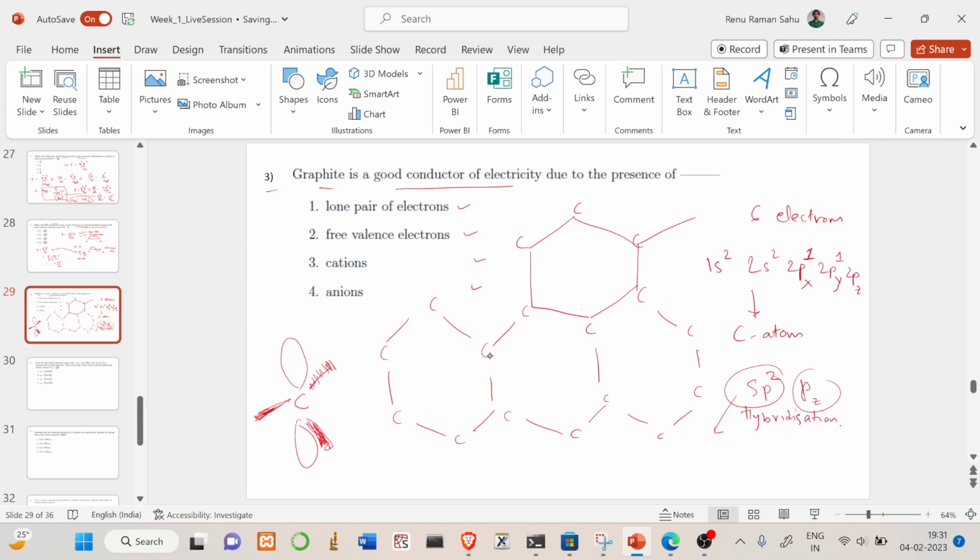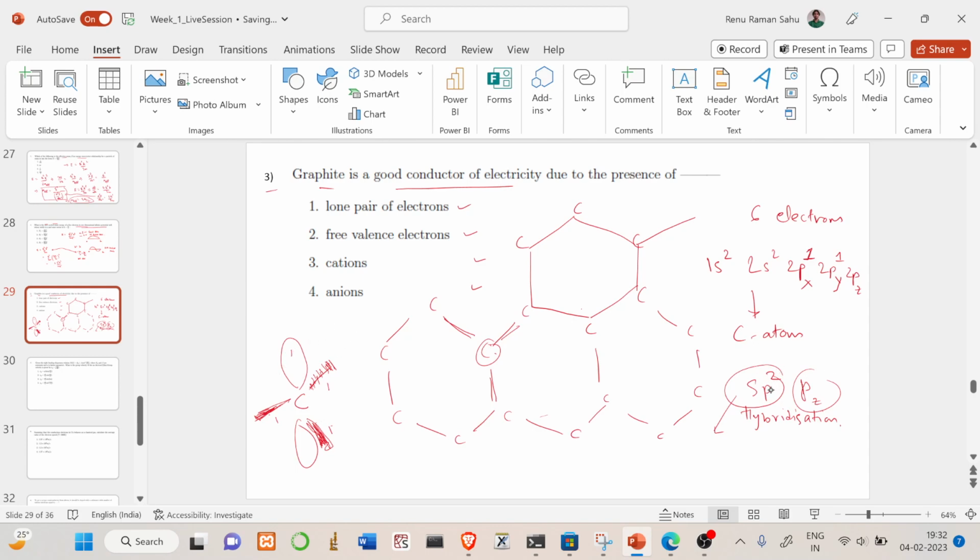For example, take this carbon. These three orbitals are in the plane of the screen, and the other orbital has one lobe coming out of the screen and one lobe going into the screen. These three sp2 orbitals will take 3 electrons, and one more electron will go into this pz orbital, which is not hybridized.